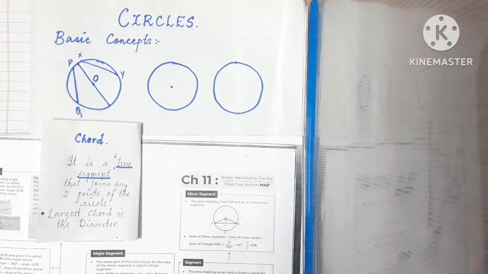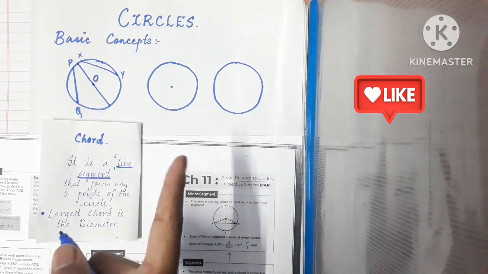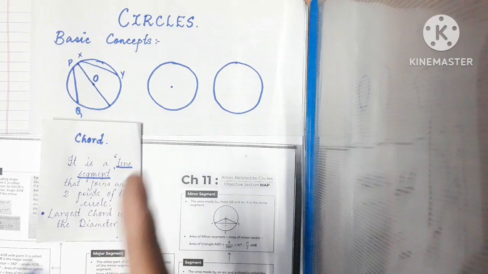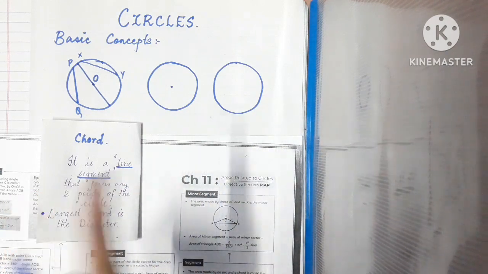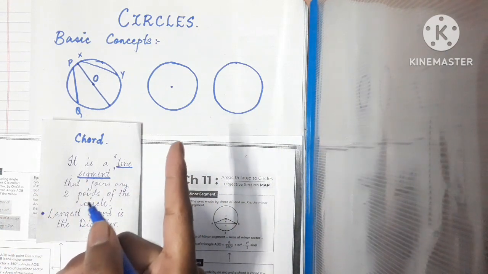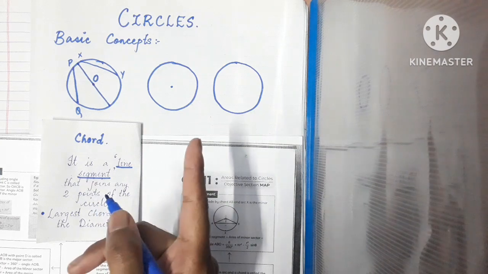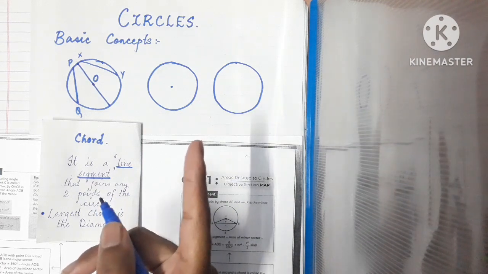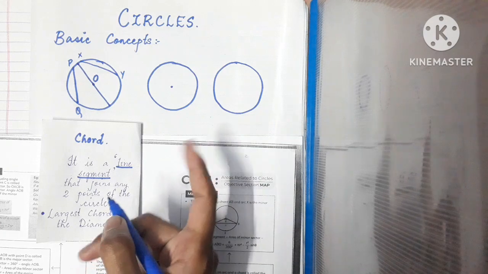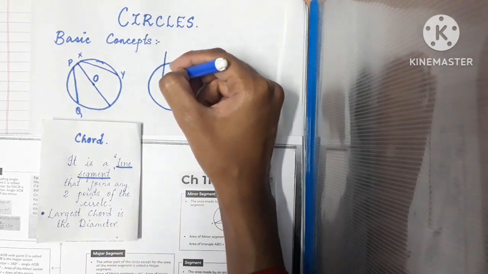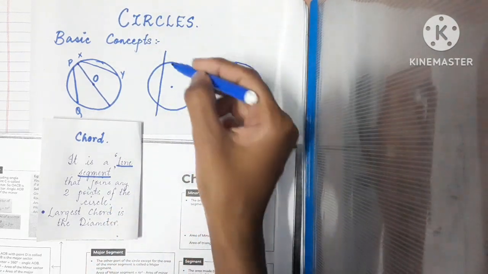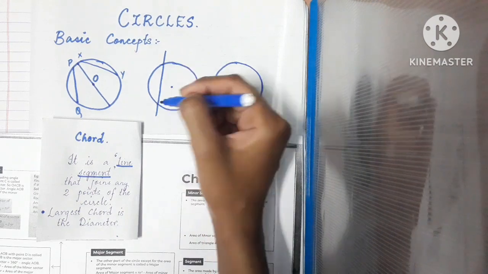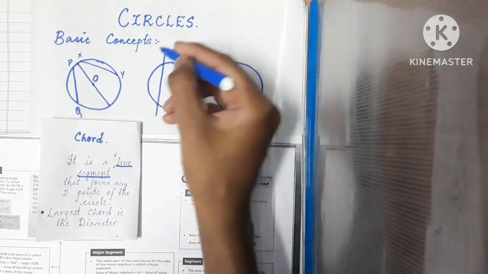Now the next important term related to a circle is a secant. What is a secant? Listen very carefully. A secant is a line, not a line segment. A secant is a line that intersects the circle at two distinct points.